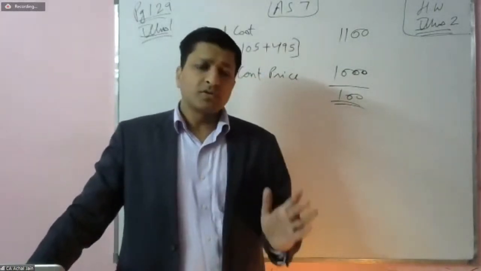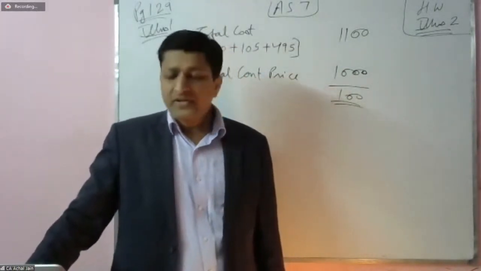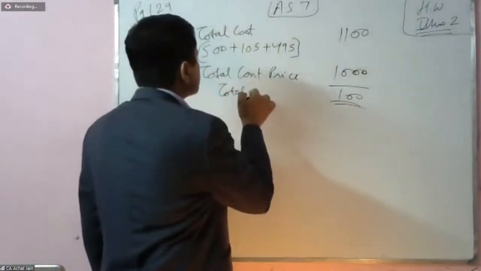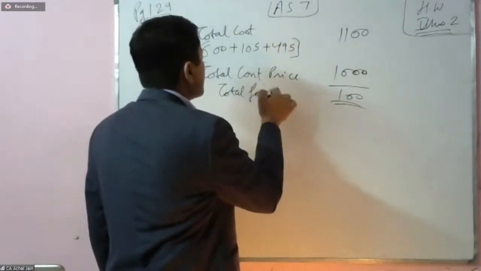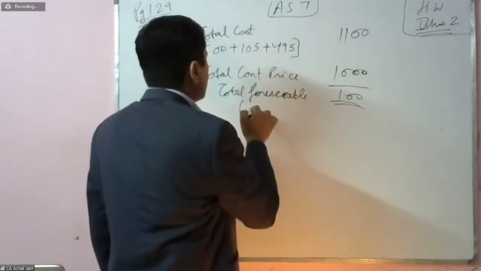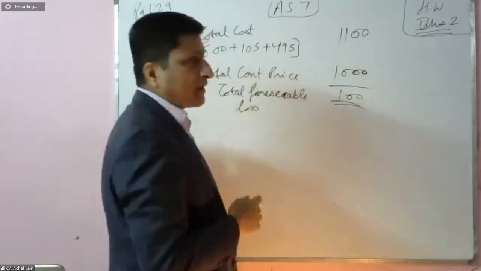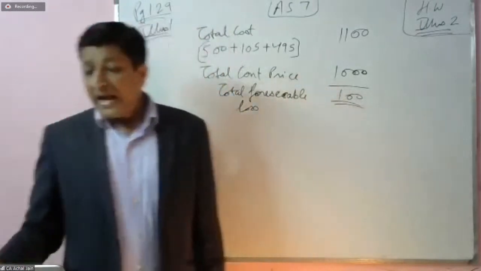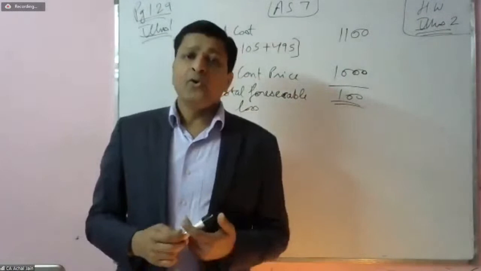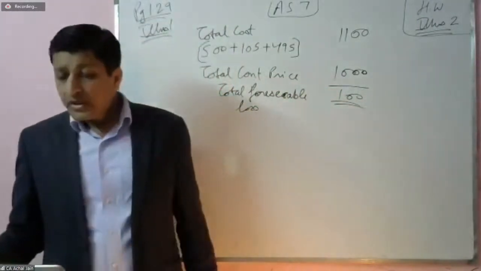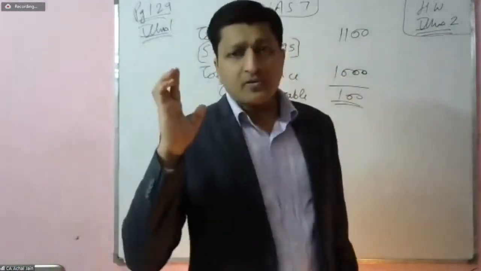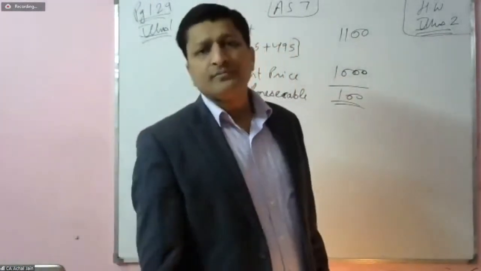Clearly we can see the total foreseeable loss is 100. And we understand that whenever we find any loss on the contract which is not yet booked, then we need to create a provision for that loss to be incurred in future. Correct?